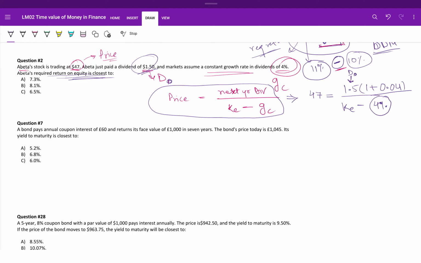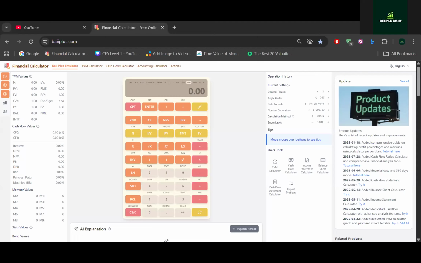This will calculate our value. Okay, let me just calculate this value quickly on my calculator and we will be also able to see. Okay, let me just minimize this.